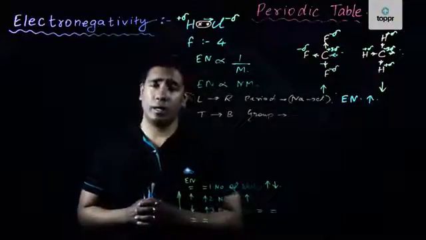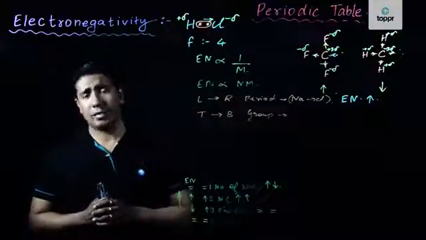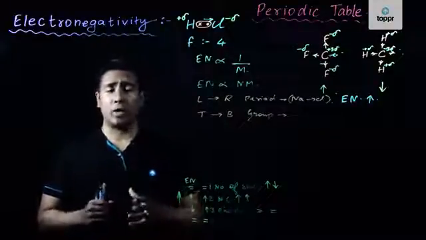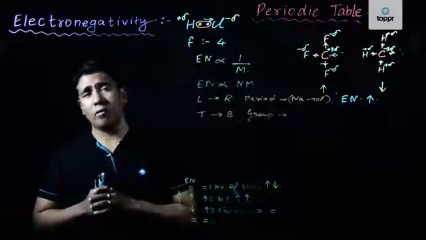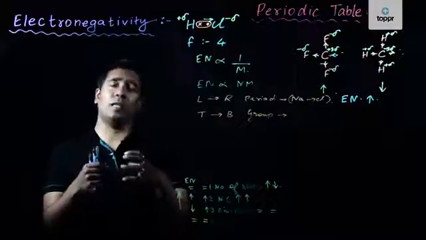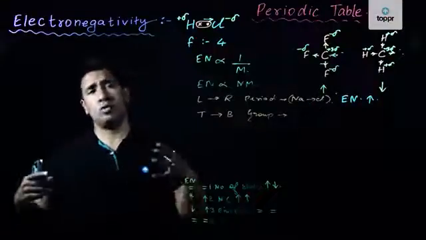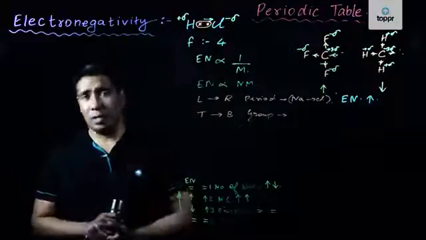The repulsion observed in the case of fluorine will be much greater as compared to the inter-electronic repulsion in the case of chlorine. Because in the case of fluorine, the electrons are very closely packed to each other. Hence, there will be repulsion, and hence the atomic size should increase in the case of fluorine if it further accepts 1 electron.